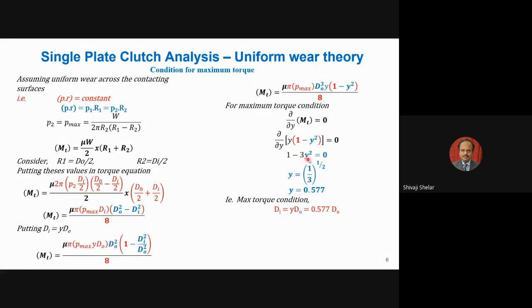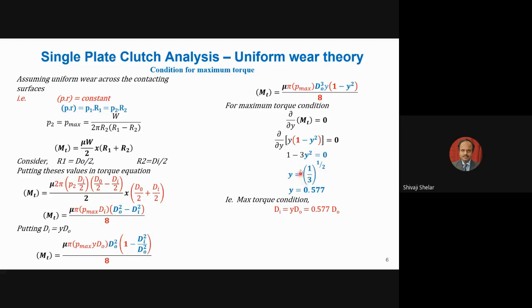For the maximum condition, this first derivative has to be equal to 0. So from this we get 3y square on the other side, so 3y square equals 1. Now y square becomes 1 by 3, and then y becomes the square root of 1 by 3.